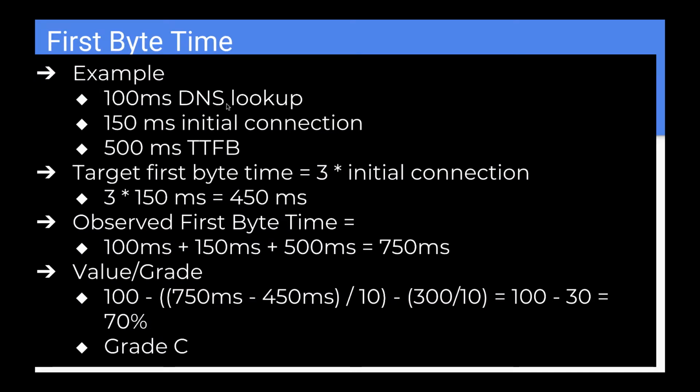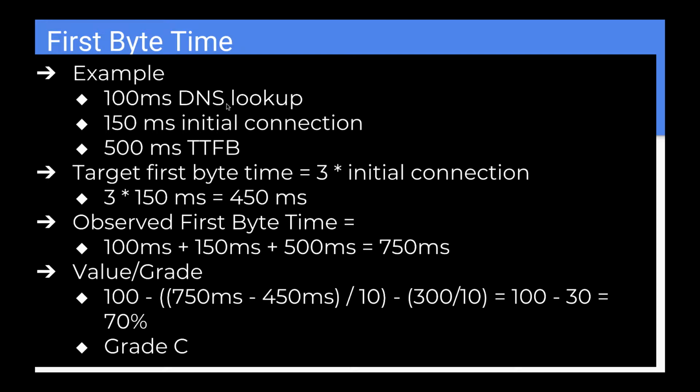Let's evaluate the first byte time with an example. In this example, we'll consider 100 milliseconds for a DNS lookup, 150 milliseconds for the initial connection, and 500 milliseconds for the time to first byte. The target first byte time would be 3 times the initial connection, that is 450 milliseconds.